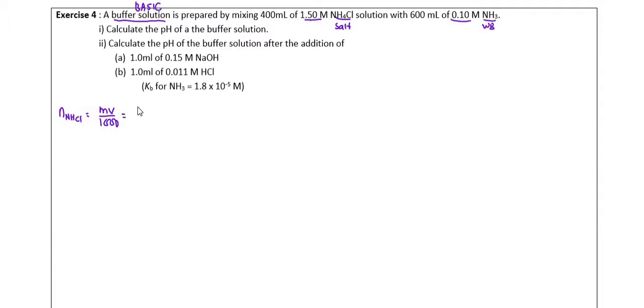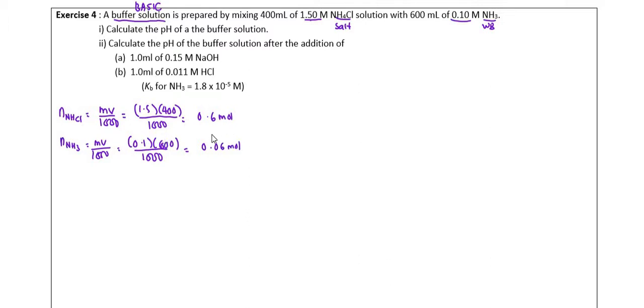The molarity is 1.5, times 400 over 1000, and you get 0.6 mole. And mole of ammonia also uses the formula MV over 1000, 0.1 times 600 over 1000, and you get 0.06 mole.